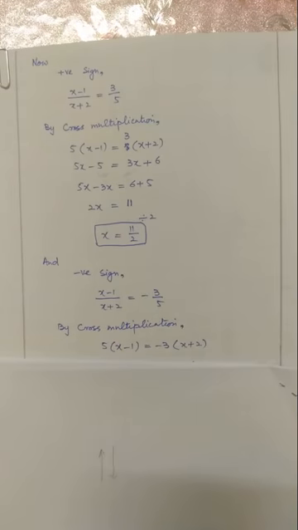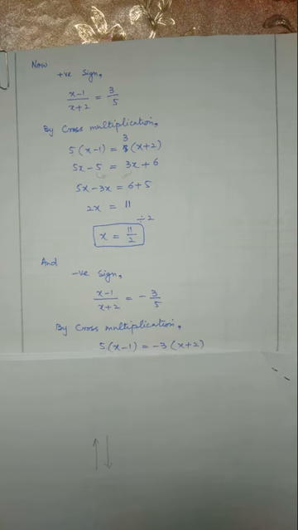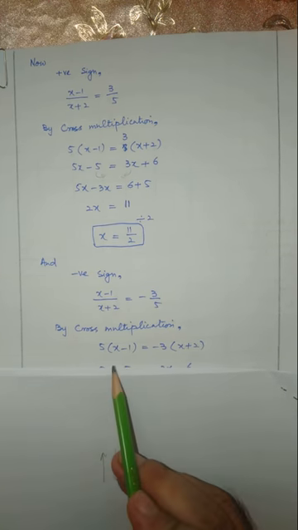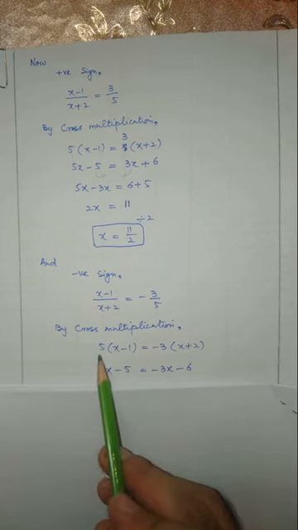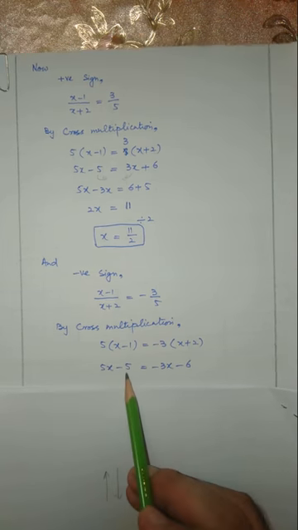For negative sign, x minus 1 divided by x plus 2 is equal to minus 3 by 5. By cross multiplication, 5 in bracket x minus 1 is equal to minus 3 in bracket x plus 2. 5 ones are 5x, 5 ones are 5.